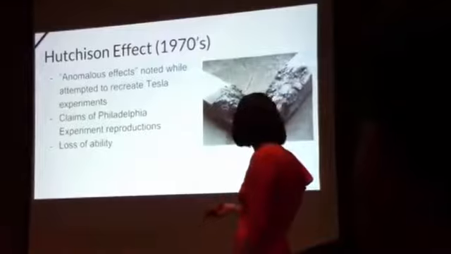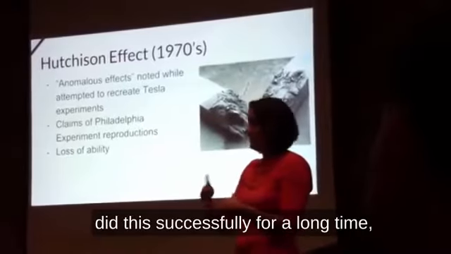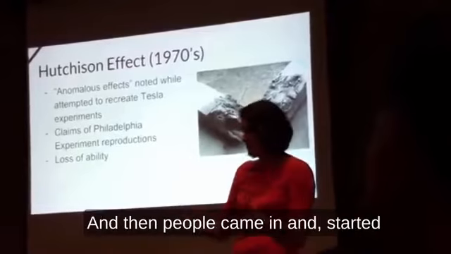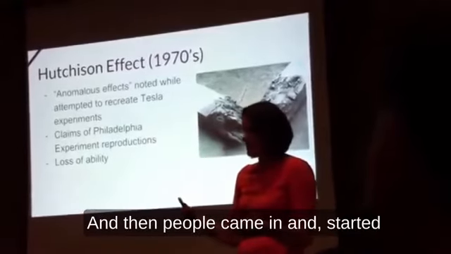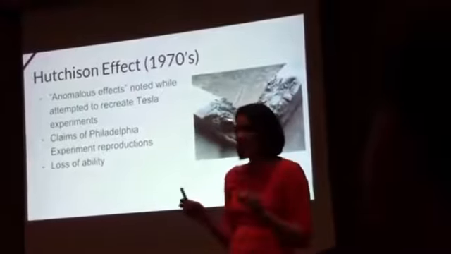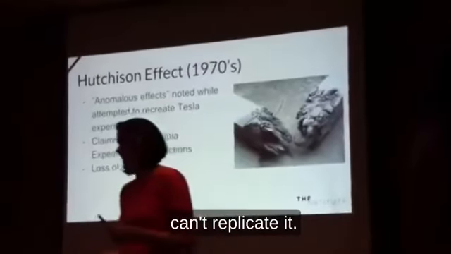He claims that after he did this successfully for a long time, he started getting attention, and then people came in and started trying to get him to replicate it, and he lost his ability to perform the experiment, which kind of means you can't replicate it, right?